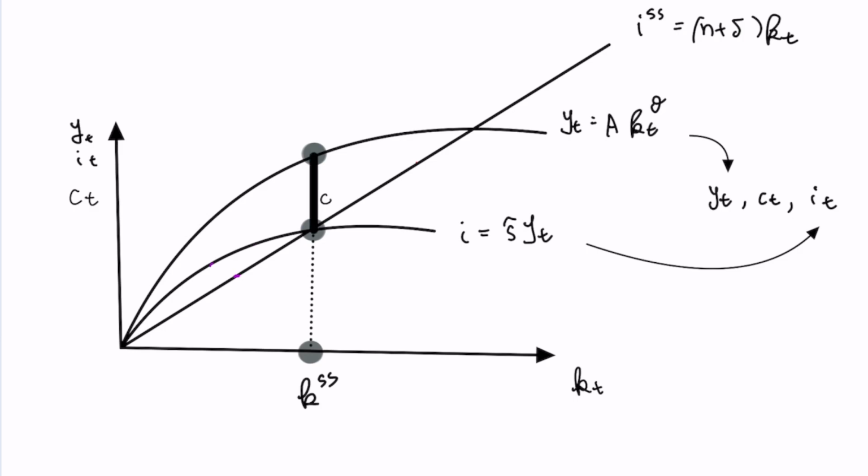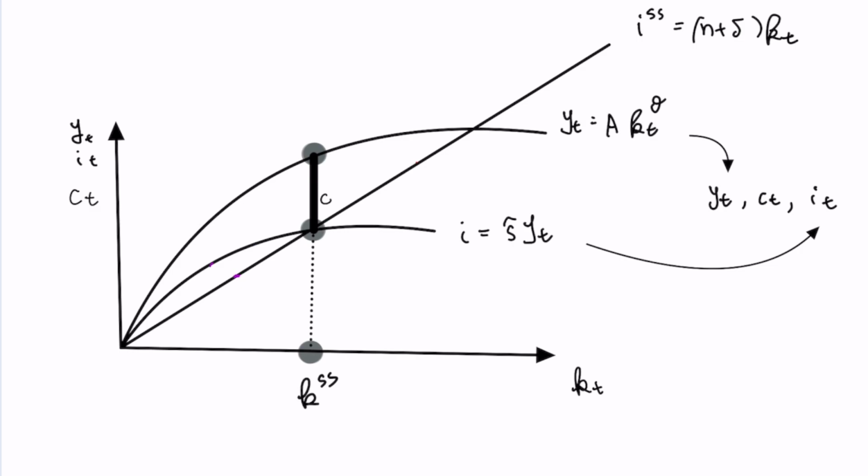So when we are given a saving rate, we will be able to infer the K steady state, then infer the output, then infer the investment in the steady state, and then we will be able to know the size of the consumption.